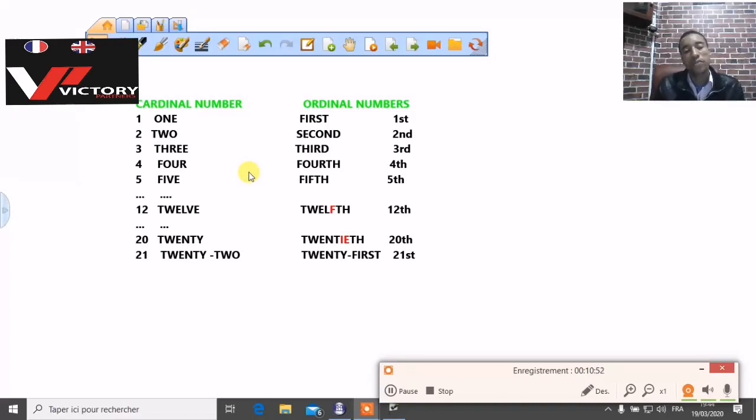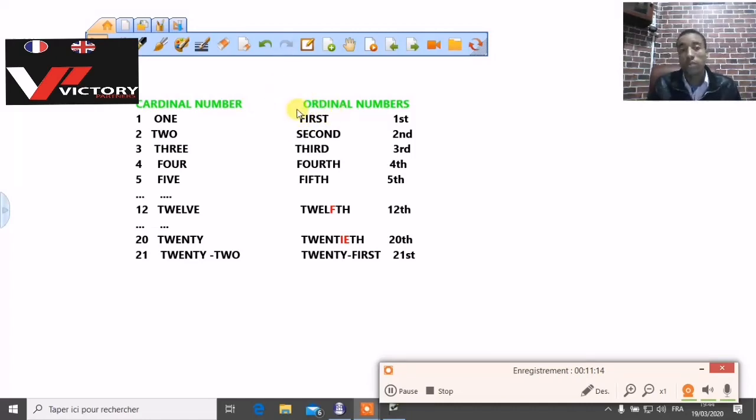So let's see what is the difference between cardinal number and ordinal number. We use cardinal numbers to count things. We can say 1 chair, 2 chairs, 3 chairs, 4 chairs, etc. But we cannot say first chair.